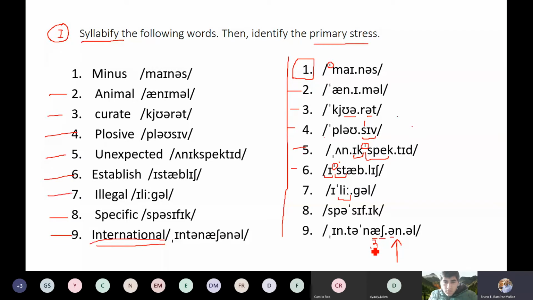So the point in this exercise is that this maximum onset principle can help us to understand how syllables are divided, but in general, English has many exceptions, and this is just one theory that somehow tries to explain how syllables are divided.